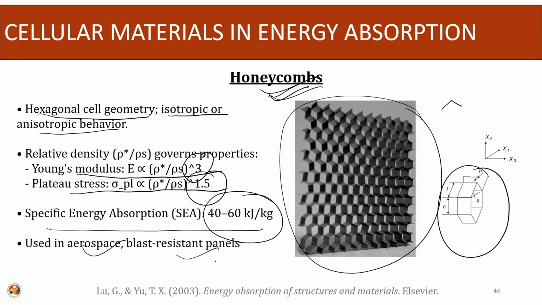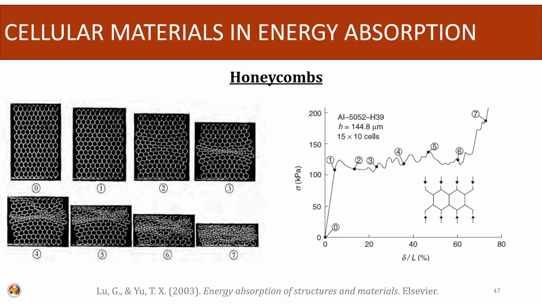The key thing here is that due to this geometry, it has a very high energy absorption capacity, and at the same time it is lightweight also. So, the total specific energy absorption capacity becomes relatively high. So, this is a very efficient material and it has found its application in aerospace and blast resistant panels.